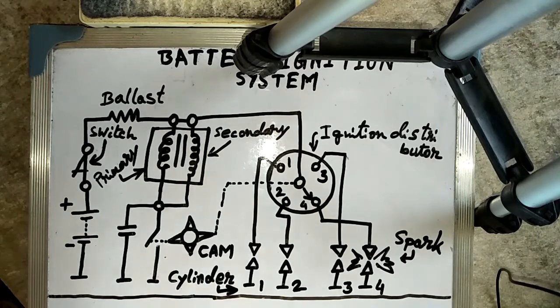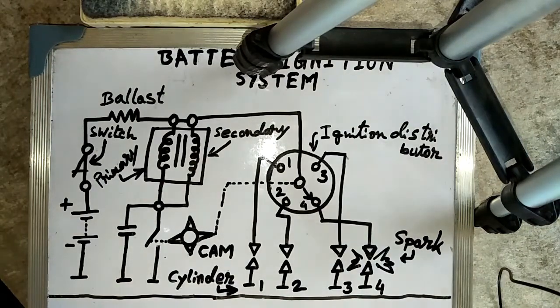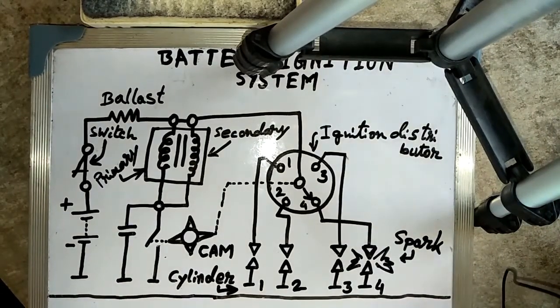As shown in this schematic diagram, as I have already explained, the ignition coil consists of two coils of wire, one wound around the other, insulated from each other.